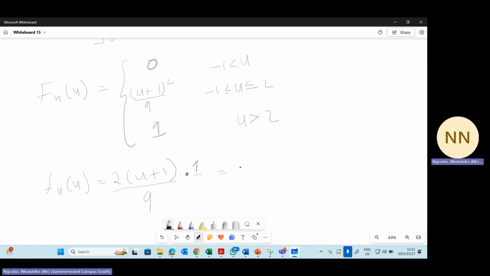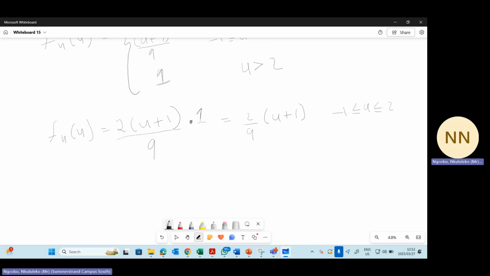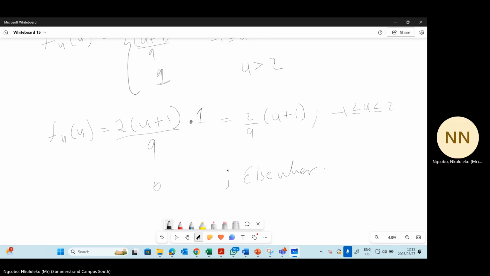So this will be 2 over 9 times (u plus 1), where u is greater than or equal to -1 and less than or equal to 2, and 0 elsewhere, right? So this is what you want.